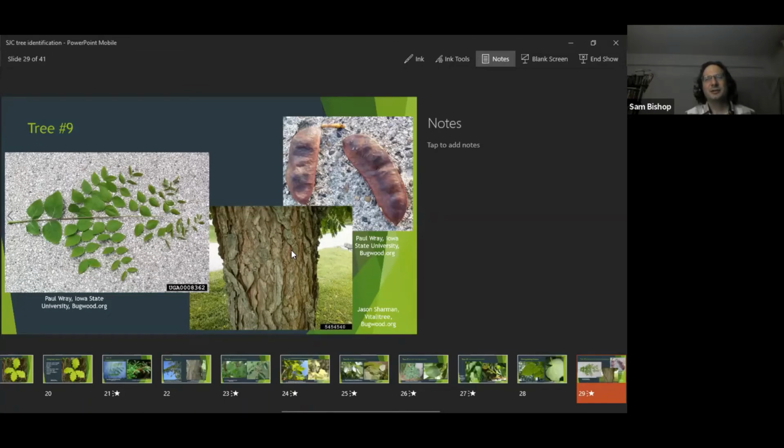The pods look a little bit like honey locust pods, but they're thicker and much, much shorter, usually between 4 and 6 or 7 inches long. And the bark is kind of distinctive. You see where it's peeling up there. It has that orange tone on the youngest bark, down in the cracks. This is alternate, and this is Kentucky coffee tree.